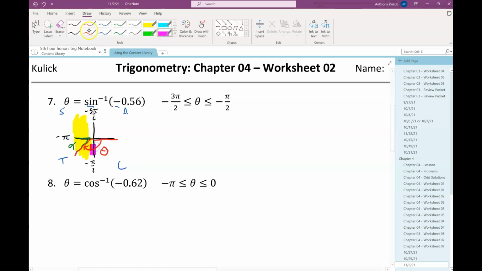Since theta is negative and the last axis that we cross is vertical, we are going to be adding when theta is negative.